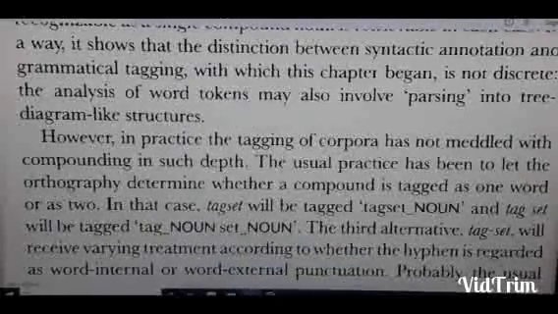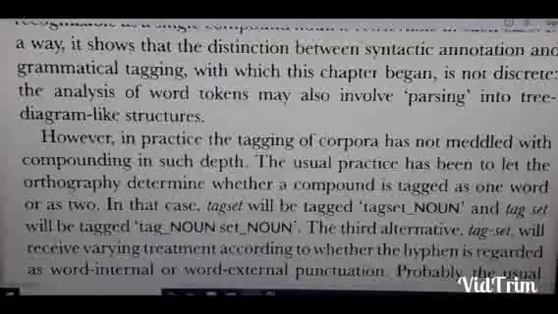In a way, it shows that the distinction between syntactic annotation and grammatical tagging, with which this chapter began, is not discrete. The analysis of word tokens may also involve parsing into tree-diagram-like structures.